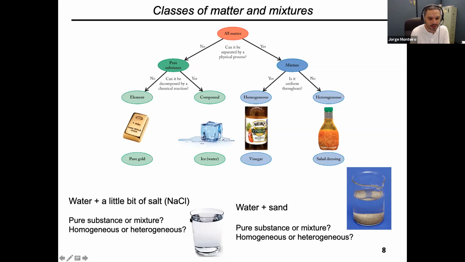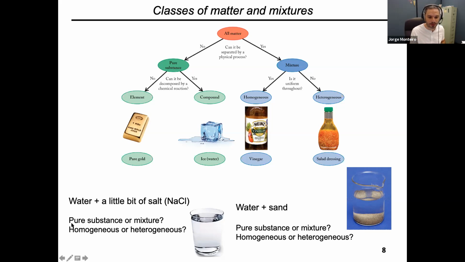Okay, so let's think about two examples here. First system that we have, it's water and a little bit of salt, and that's the picture of our system. And second system, we have water plus sand, and here is the picture of our system. I want you guys to think about how you can classify this system.